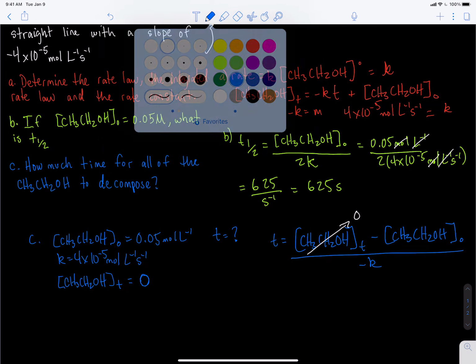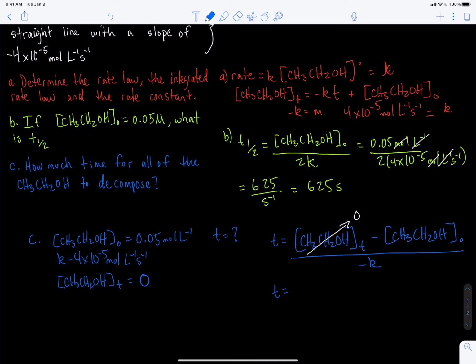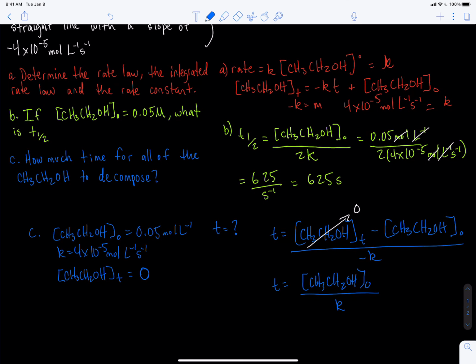And so in order to solve this, we need to take the initial concentration of ethanol and divide by K. There's negative signs out front here, but those negatives cancel out, so we don't have to worry about them. And so what we end up with is 0.05 moles per liter.